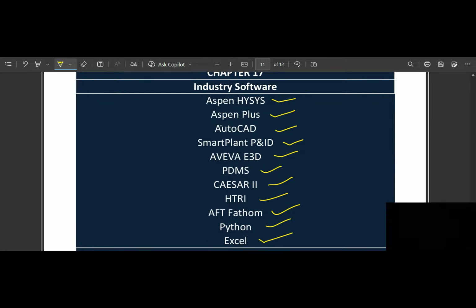But in my opinion, we should know AutoCAD, Excel, and try to learn Python, because Python is the base of AI, artificial intelligence. So you can build your own calculators, your own software. The rest you can study later, but these are the important software.